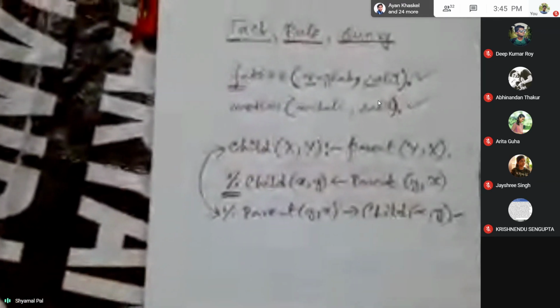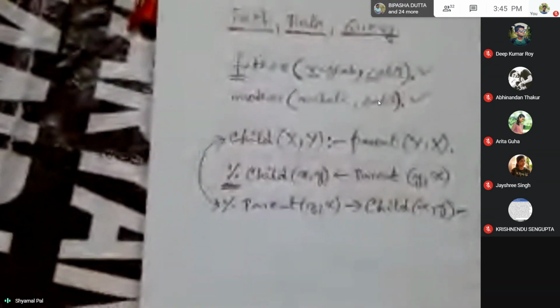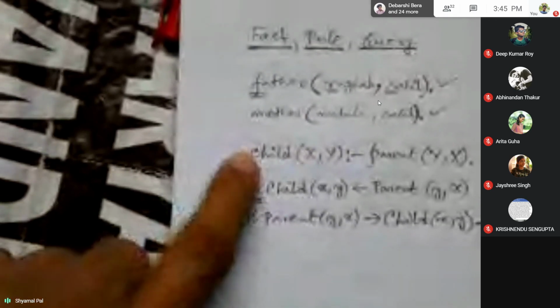That means child capital X capital Y, colon dash, parent capital Y capital X. That is, if Y is the parent of X, I'm talking about this Prolog statement, from this fact I may derive X as the child of Y. Any difficulties, any doubts?